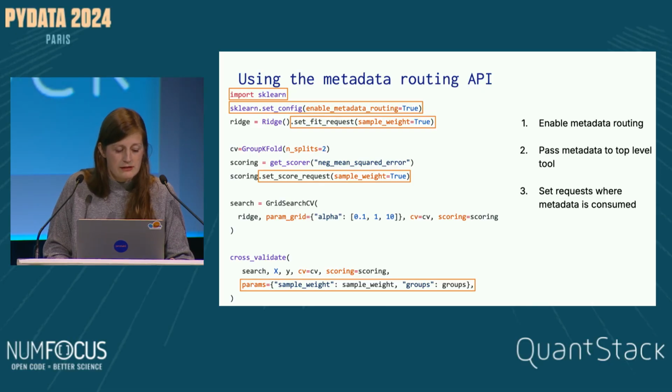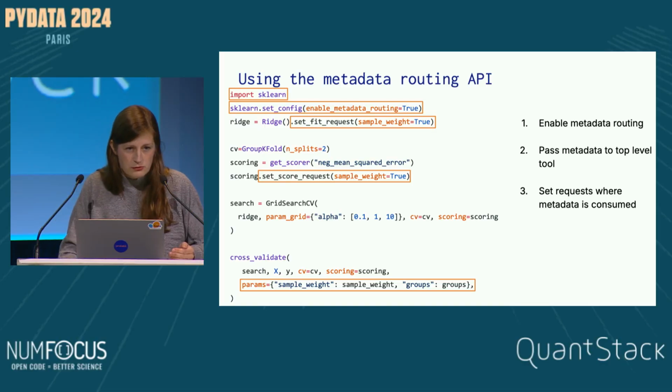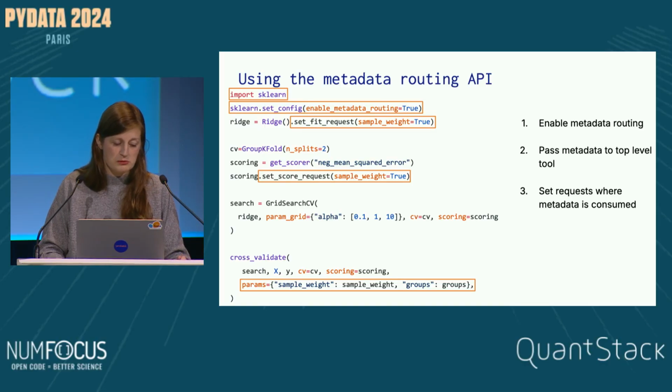We know that Ridge.fit can consume sample weight, so we call set_fit_request on Ridge and say, yep, please use sample weight. And we also know that our scorer can use sample weights, so we set a score request and tell it directly, please use sample weight here.